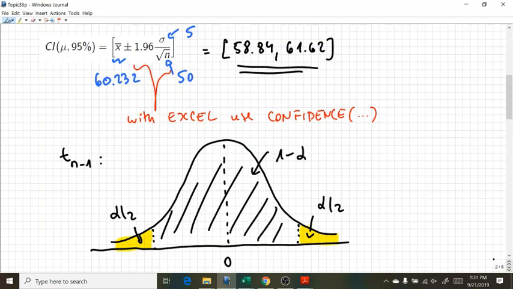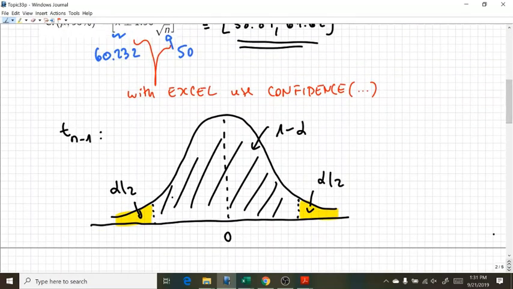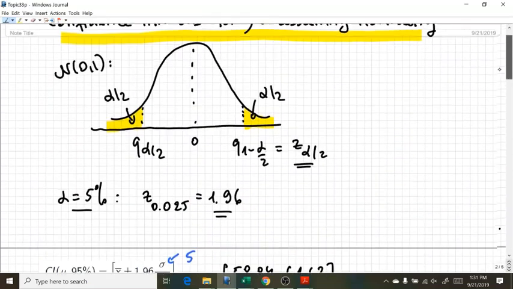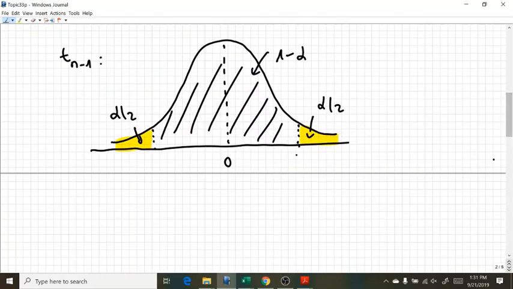And now, to get back to my notation: before it was our z alpha divided by 2. Now it's our t alpha divided by 2, but I need to specify that I have a parameter, n minus 1, and then the alpha divided by 2.